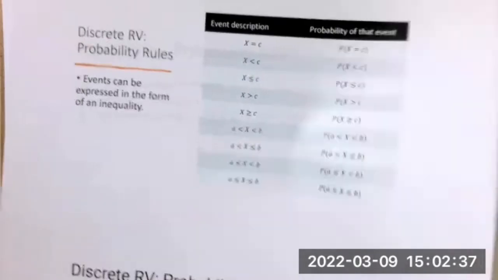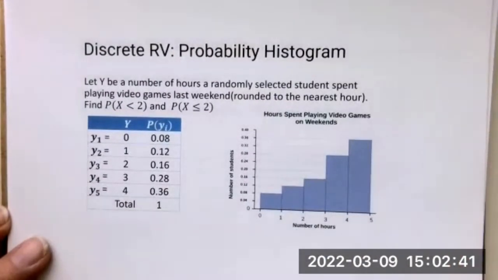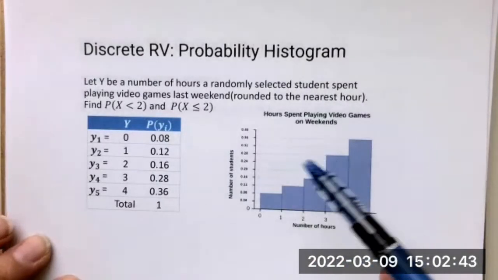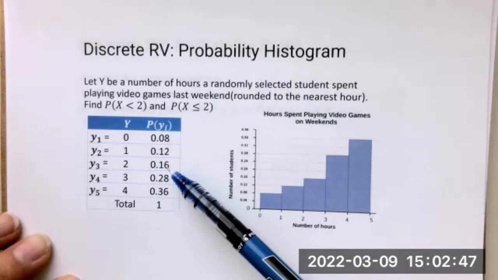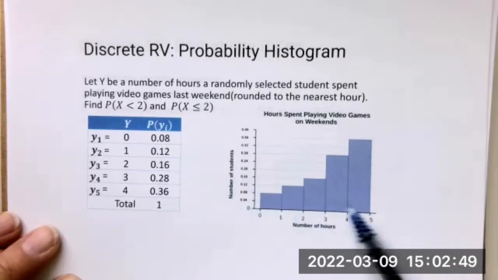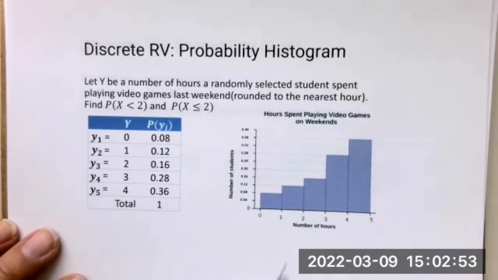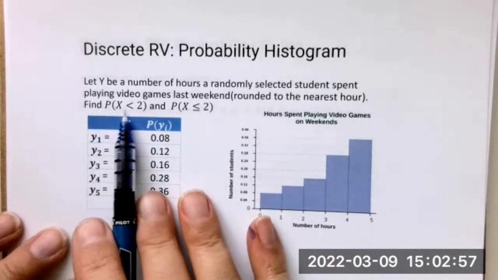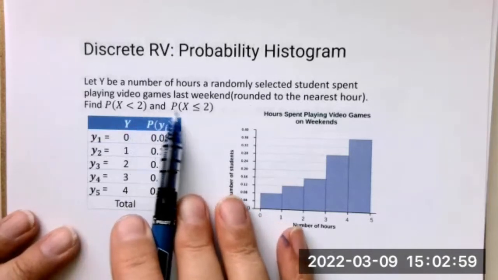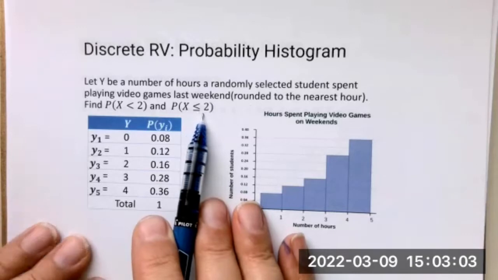All right, so let's practice actually finding those probabilities. So here we have a probability table and a probability histogram. And we need to find the probability of x is less than 2 and the probability of x is less or equal to 2.